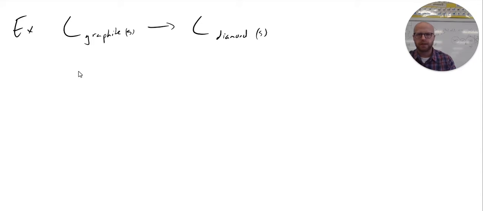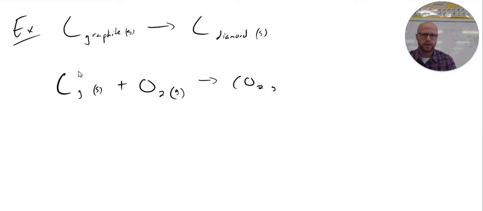And that's kind of a hard reaction to study. But we've done some other stuff. We have carbon graphite. I'm just going to put G for graphite in the solid form. And I've combusted it, or people have combusted it with oxygen, with O2, to create carbon dioxide gas. Okay, so that reaction is studied.